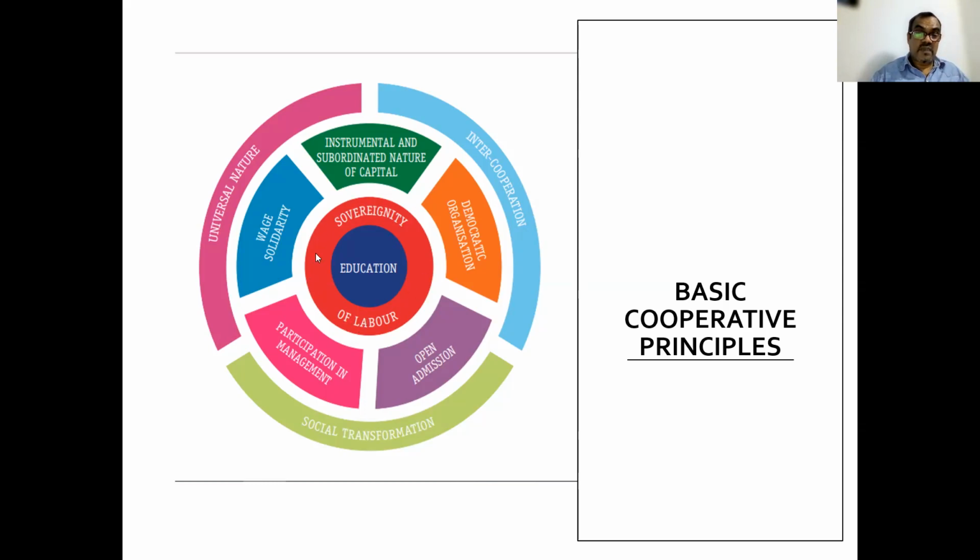This is the reason I just explained. If you calibrate the value of a product through the information generated from strategic management accounting, ultimately you can see 99.9% of the value is connected to labor. Therefore, the sovereignty of labor is highly regarded and connected to education.